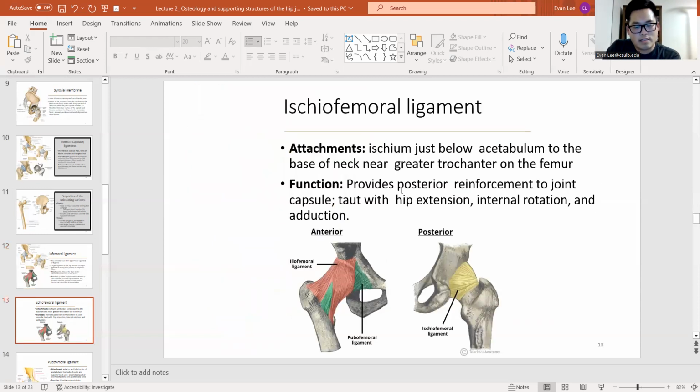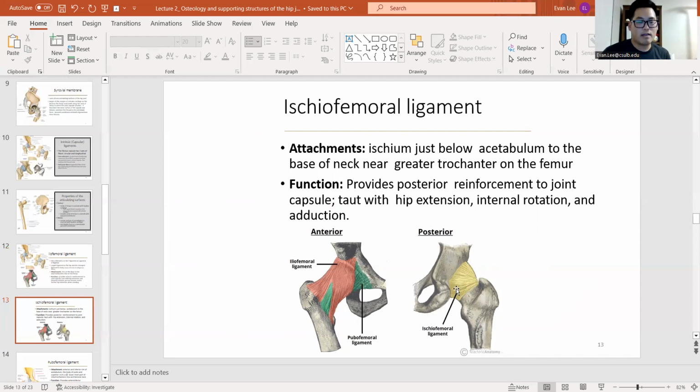Now looking at these pictures again, you can see the iliofemoral ligament. This is on the front, but on the back, if you look closely, this is greater and lesser trochanter with intertrochanteric crest. This is the posterior side of the femur. And attaching along the posterior side of the femur, you have the ischiofemoral ligament. Now, really quick, consider, where do you find the ischium?